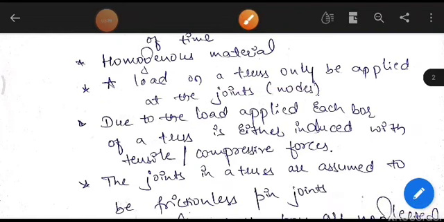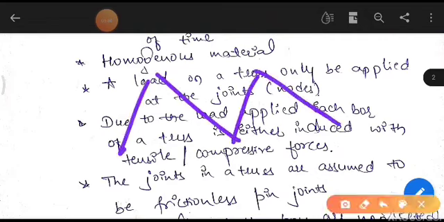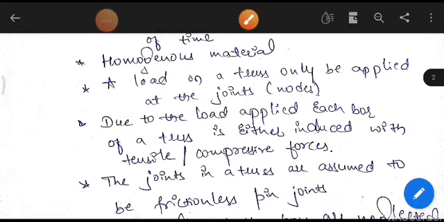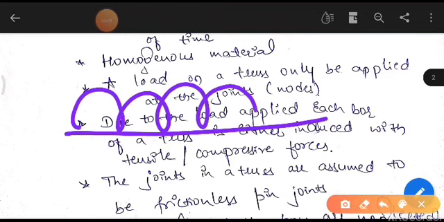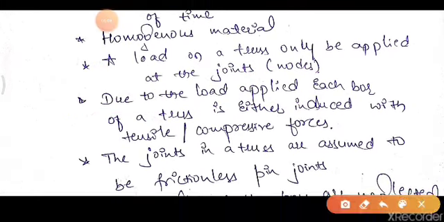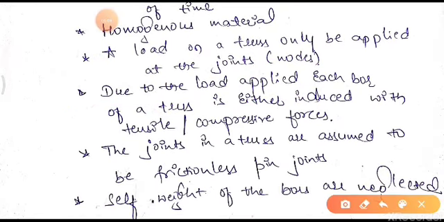Next, due to the load applied, each bar of a truss is induced with either tensile or compressive force, meaning these truss members are meant to carry only tensile and compressive forces, not torsional forces.